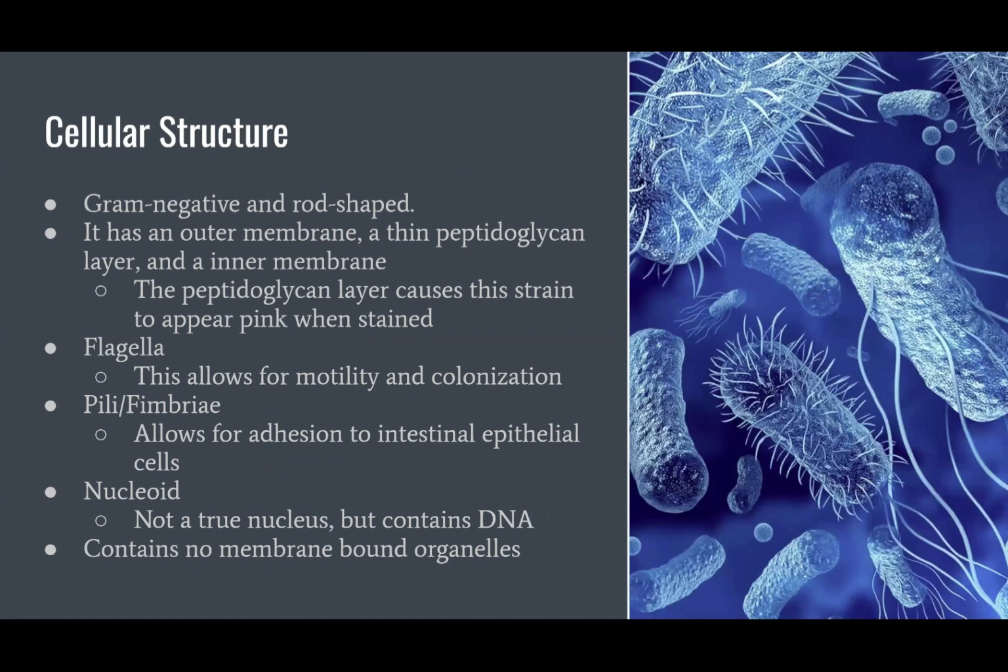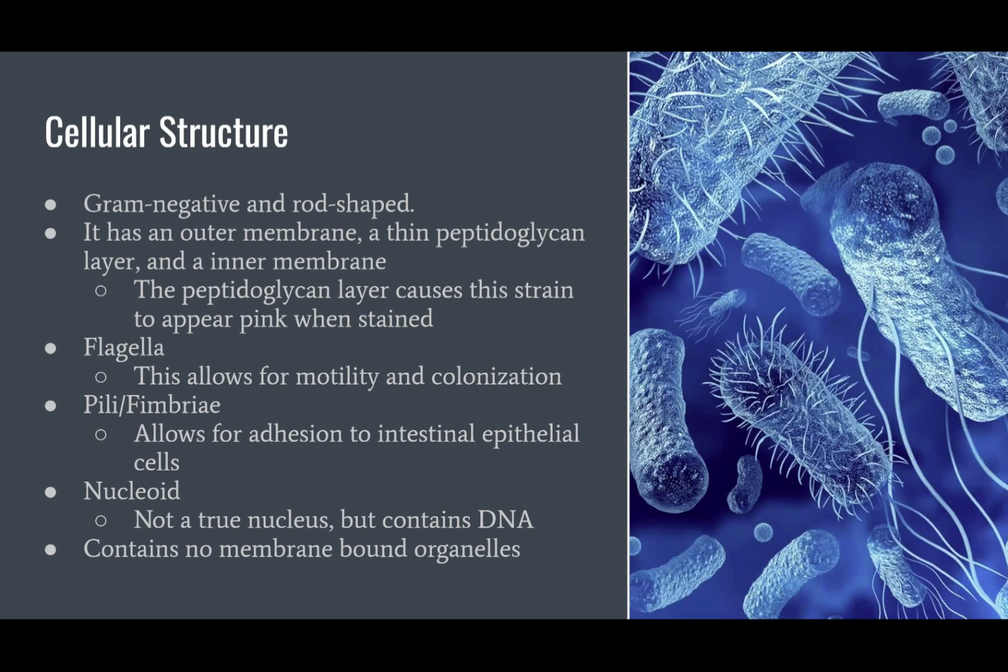So, the E. coli O157:H7 strain is a gram-negative rod-shaped bacterium. This means it has a thin peptidoglycan layer sandwiched between two membranes, which causes it to appear pink when stained using the Gram stain. The bacterium also possesses flagella, specifically the H7 antigen, which allows for motility and colonization.